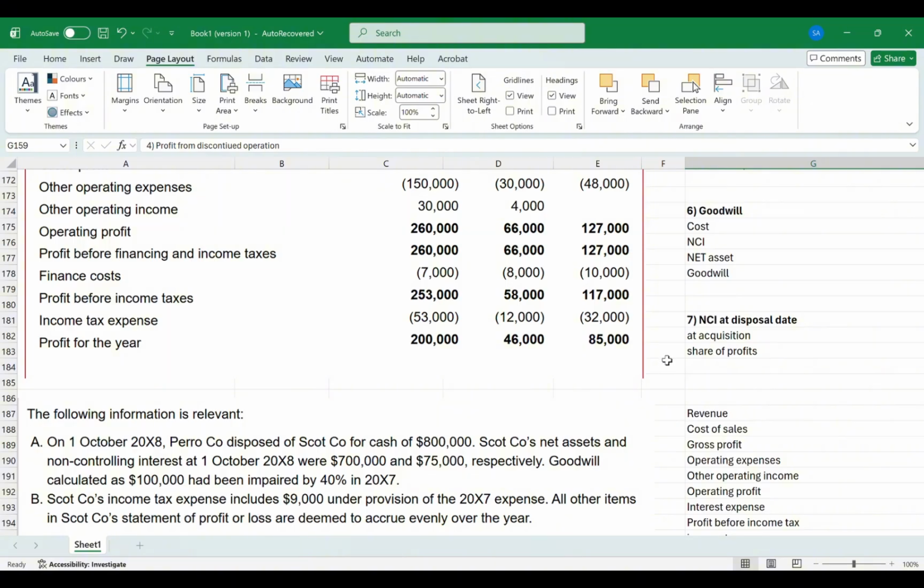Why? To find the profit up to the date of disposal. You know it is for 9 months, but this 85 is profit for the year, and the income tax includes 9,000 under provision of the expense. So first you have to take it out. How do you take it out? In arriving at this 85, that 9,000 was included. That 9,000 was deducted from here, then you got this 85. So you add back and then you deduct, and then take the 9 months out of it to get the total profit.